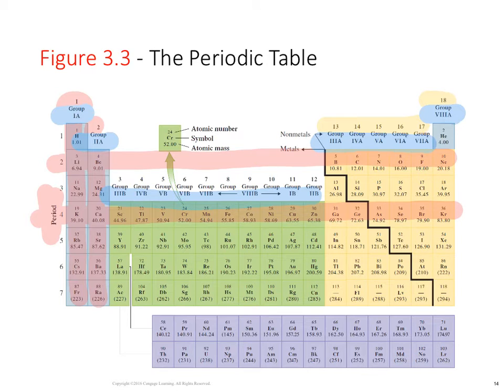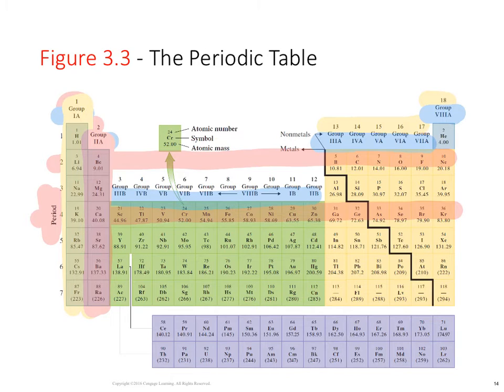Then the other things we needed to know about our periodic table were a couple specific groups. So we wanted to know the alkali metals. Alkali metals are group 1. The alkaline earth metals are group 2.